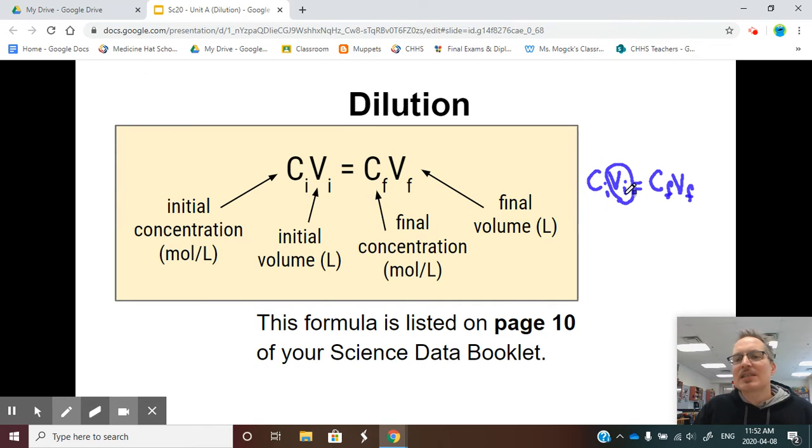Remember, when we move across the equal sign, it's going to change floors, so concentration is going to move down to the basement. So our formula is going to become initial volume equals final concentration times final volume divided by initial concentration. So it's going to change floors. And the whole formula works this exact same way.